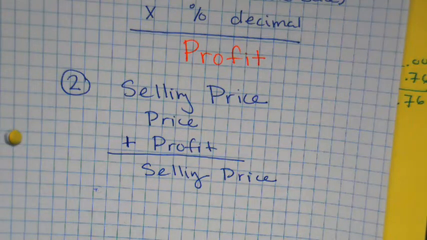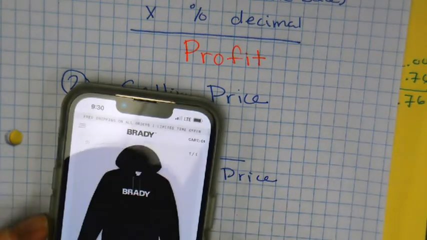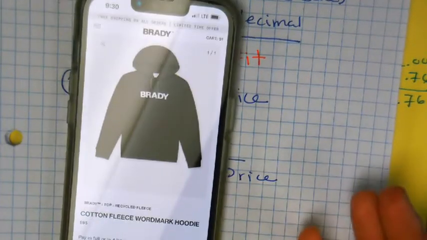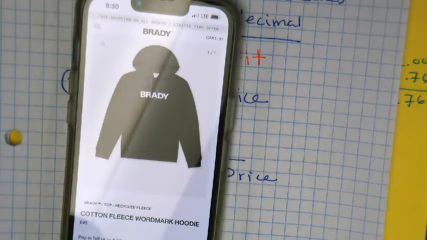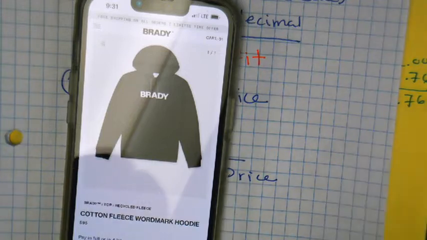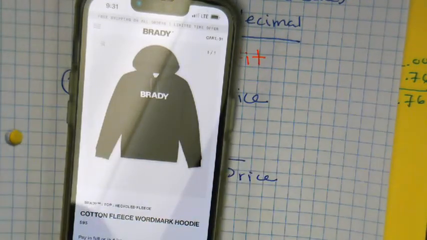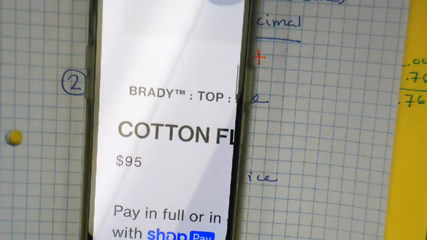So when I go to the store, let me Google search. Oh, perfect. So Tom Brady just came out with his own clothing line, okay? He is selling this hoodie that says Brady on it for $95.